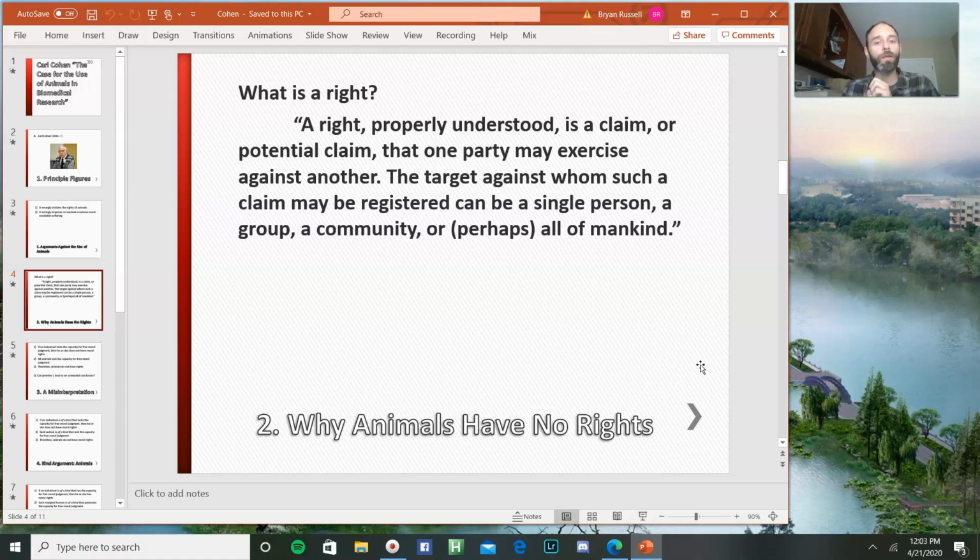What we're going to focus on here is the second part of this definition. The target against whom a right can be registered is a single person, a group, a community, or perhaps all of mankind. Notice that the only beings that recognize rights are people, either a single person or multiple people.